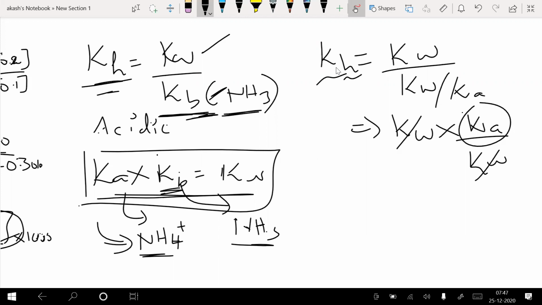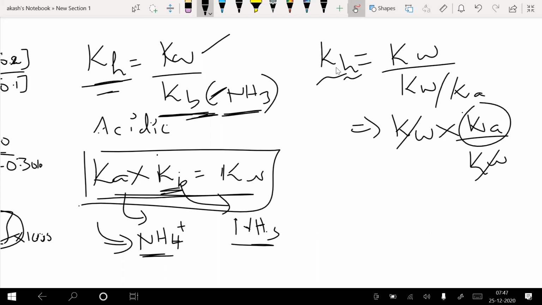Find the pH of 0.01 M calcium acetate solution.